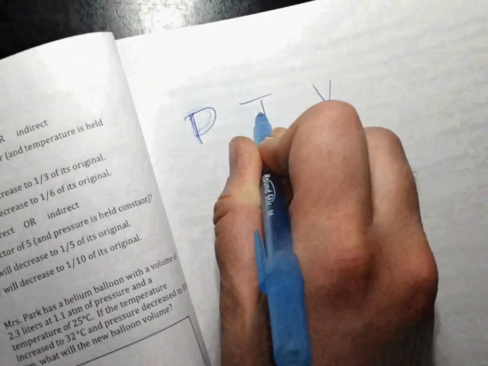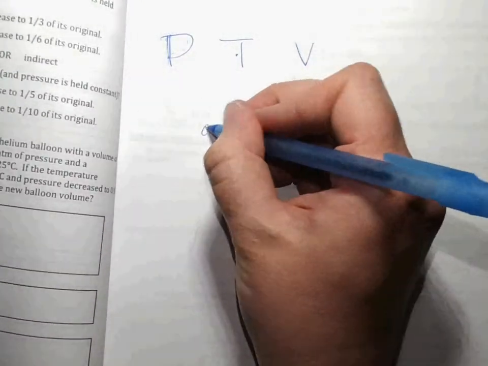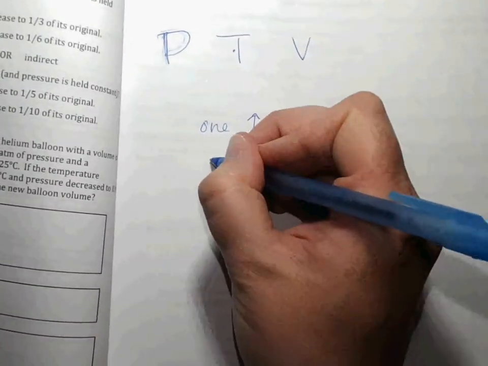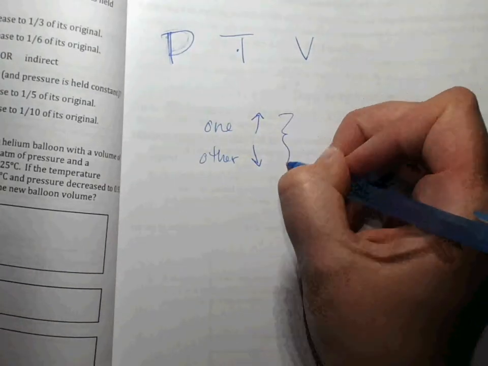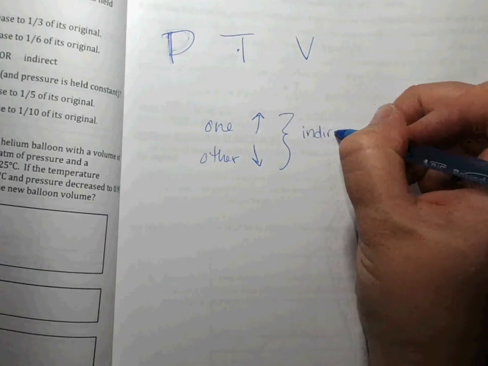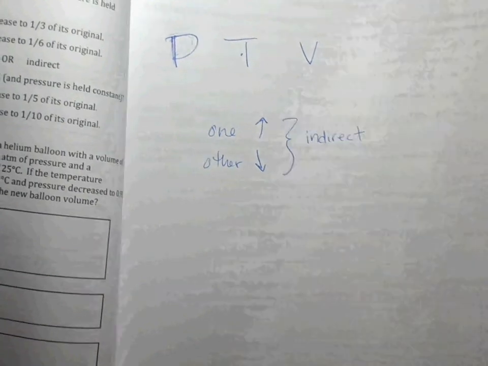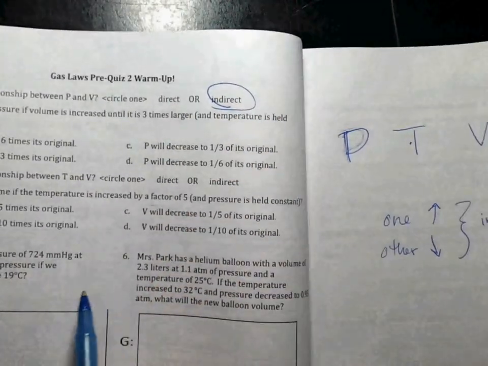When volume goes up, pressure goes down. If one goes up and the other goes down, that is an indirect relationship. So my answer to number 1, pressure and volume, are indirect.